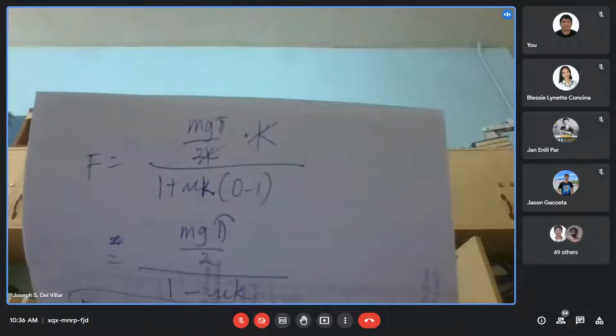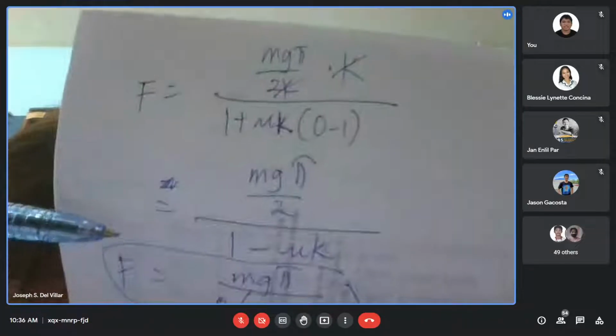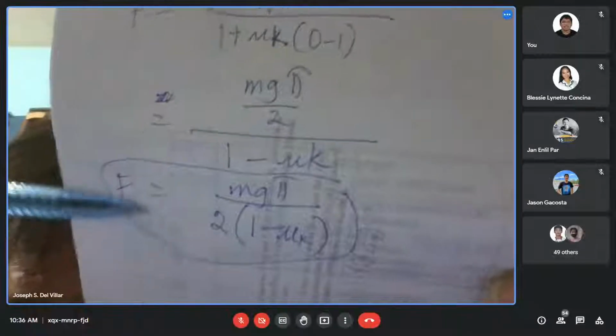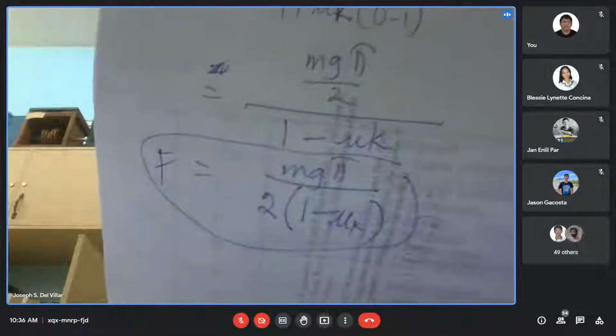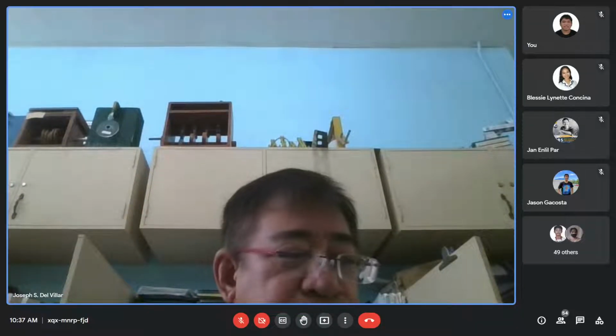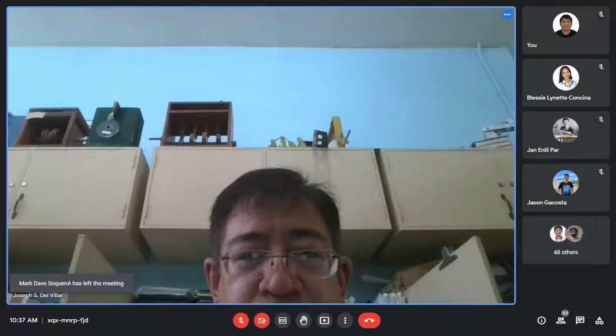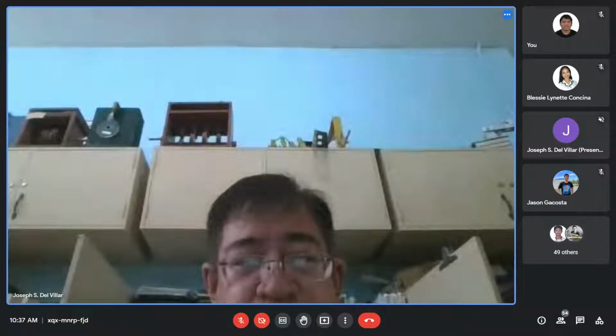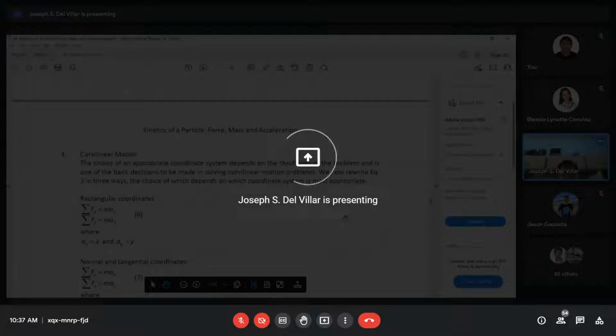So that is the force. The encircled result is the magnitude of the force.